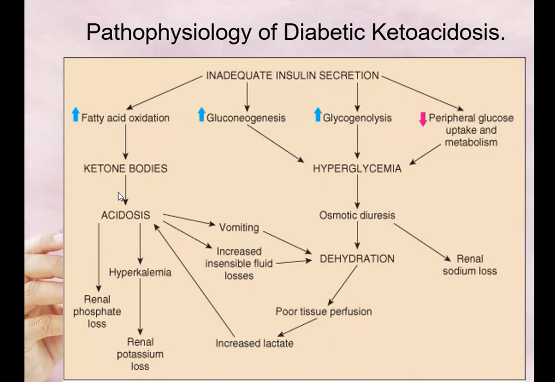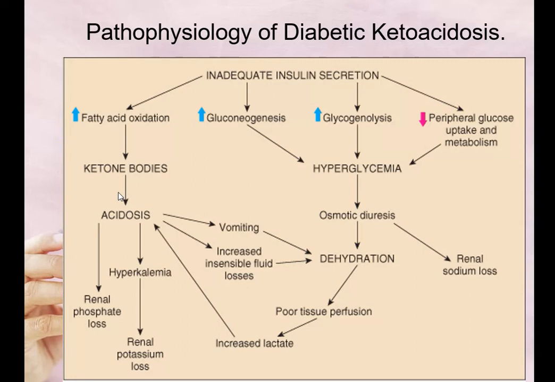This will subsequently lead to a state of hyperglycemia and increased ketone bodies. The hyperglycemia leads to osmotic diuresis, with increased renal sodium loss and a state of dehydration, with subsequent poor tissue perfusion and increased lactate, as shown by this diagram.